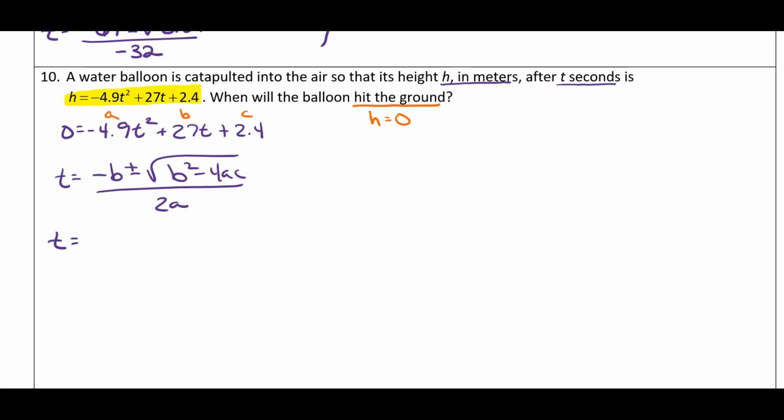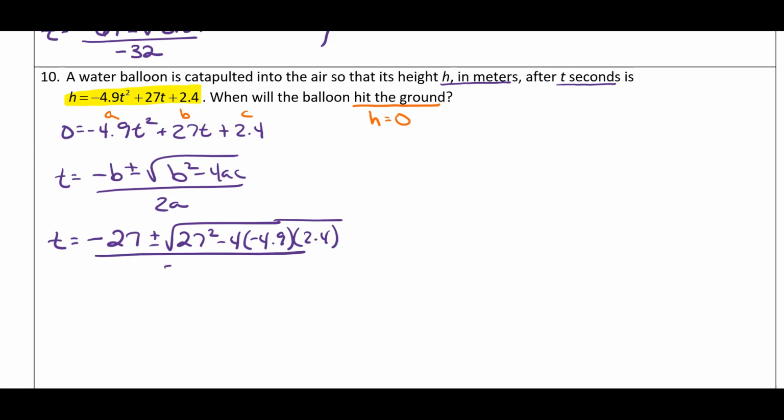So our time is going to be negative 27 plus or minus the square root of 27 squared minus 4 times negative 4.9 times 2.4, all over 2 times negative 4.9. So again, word problems, decimals are okay. Normal problems, probably want to get rid of them.